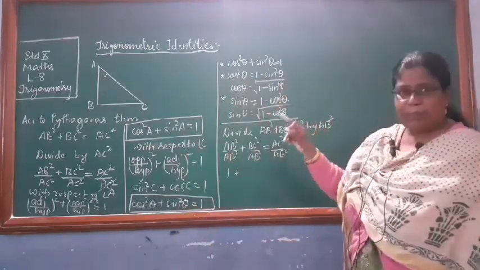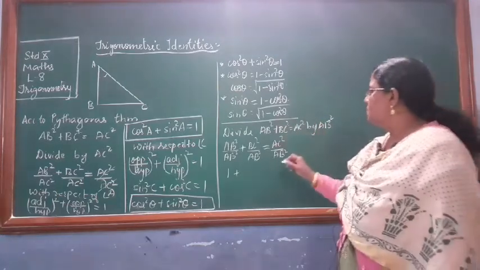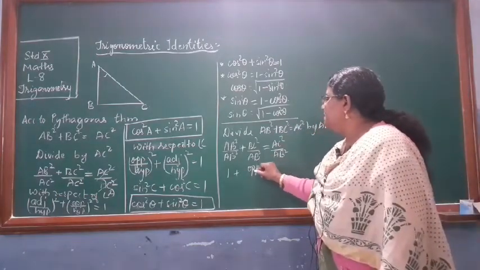BC with respect to A will be opposite side, and AB is adjacent side.